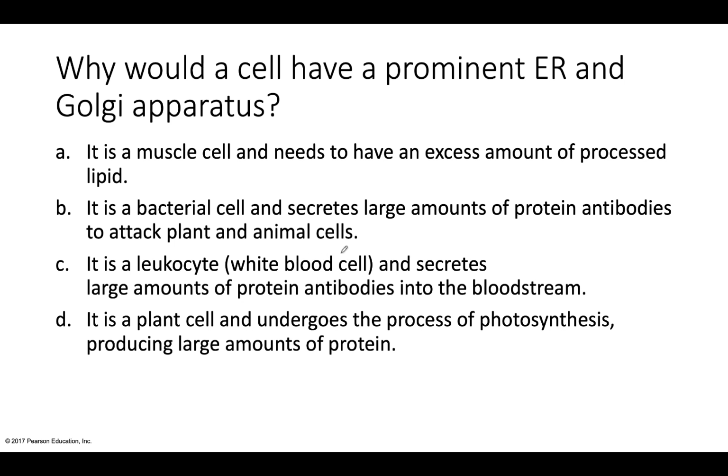Because protein is first manufactured in the ribosome and passes through the ER, passes through the Golgi, and then those antibodies are surrounded by vesicle and secreted out of the cell. Therefore, why are the ER and Golgi apparatus so prominent? Because it is a leukocyte and secretes a large amount of protein antibodies into the bloodstream.